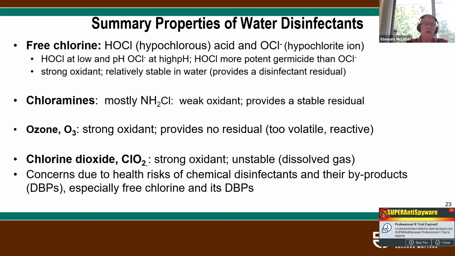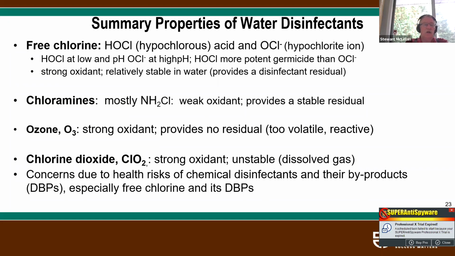Chloramines, mostly ammonium chlorides, are a weak oxidant and provide a stable residual. Ozone is a strong oxidant but provides no residual. It's too volatile and reactive, so ozonation systems, where they are used, are typically used very close to the point of use of the water, so that there's no time for microbial growth to take place between the point of treatment and the point of use.